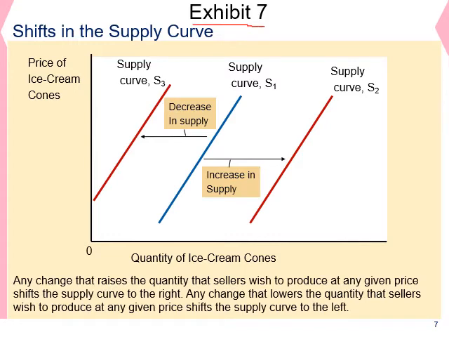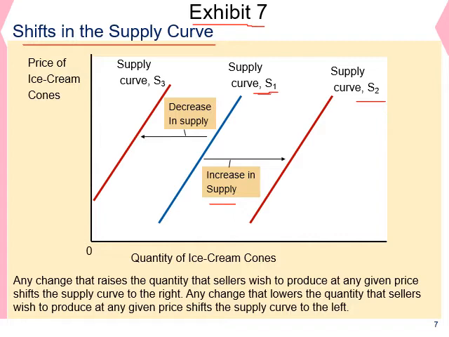Exhibit 7 shows the different types of shift in the supply. For instance, S1 is the supply curve. Whenever there is an increase in supply, the curve will shift from S1 to S2.